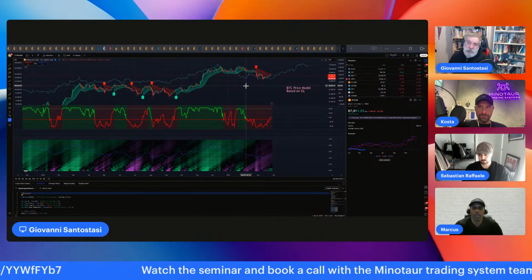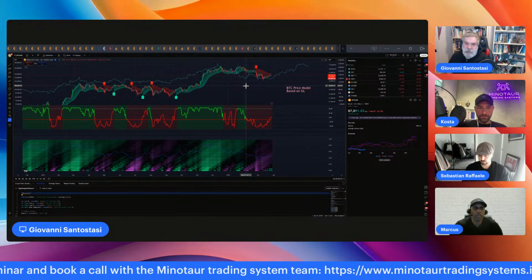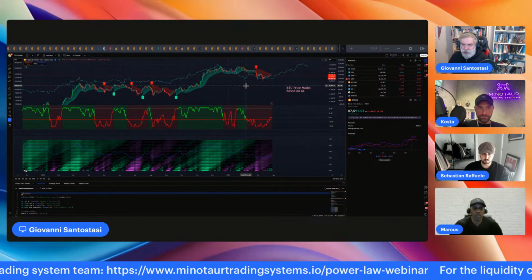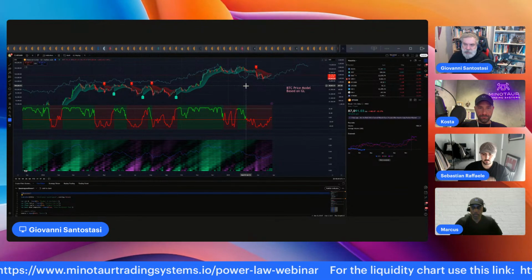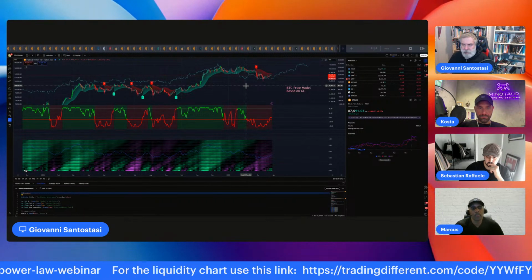This is global liquidity. There is a power law of about 9.3. But it's really amazing because it means a small change in liquidity creates a large change in price.